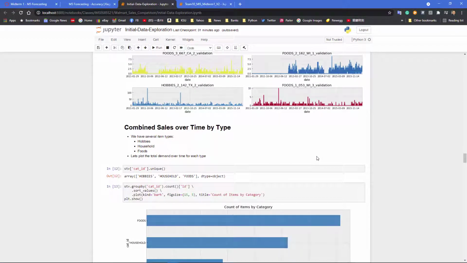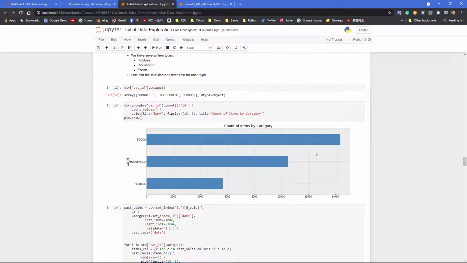And another type of analysis you can do is combining sales over time by type. You can see for food, household, and hobbies, these are the 3 major categories they have, and how much each occupies of the total sales. Your team can also do it for each state, for example California, Wisconsin, and Texas.